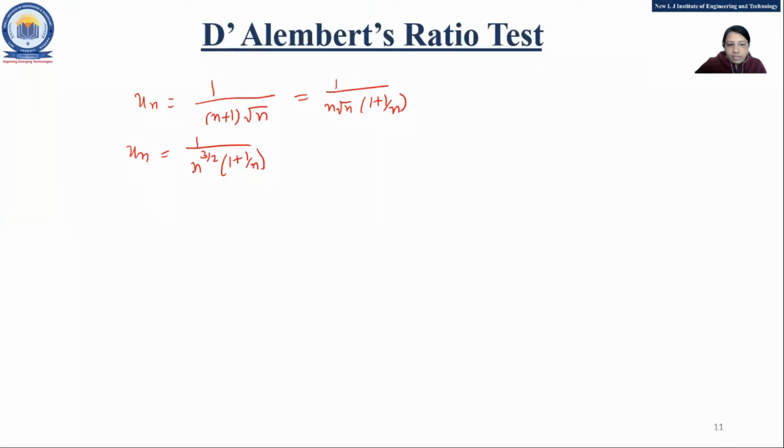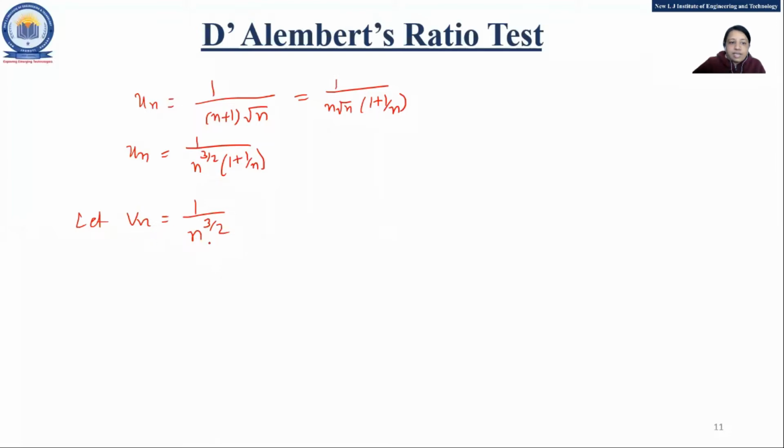This is of un. So remember un and vn, right? Vn. Yes, P series, okay. In P series, first of all you need to apply the comparison and then you can go for the P series, right? So let Vn equal to 1 upon n raised to 3 by 2. Comparison test.